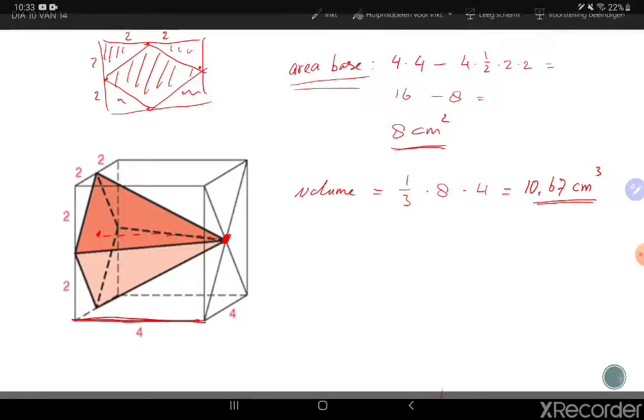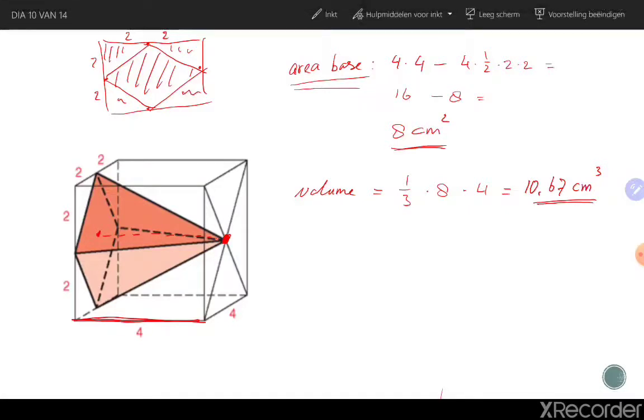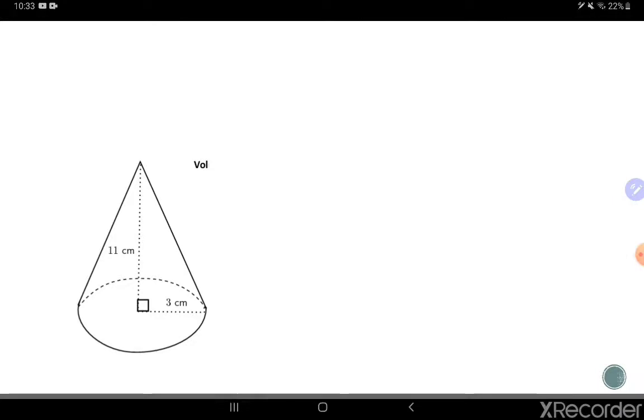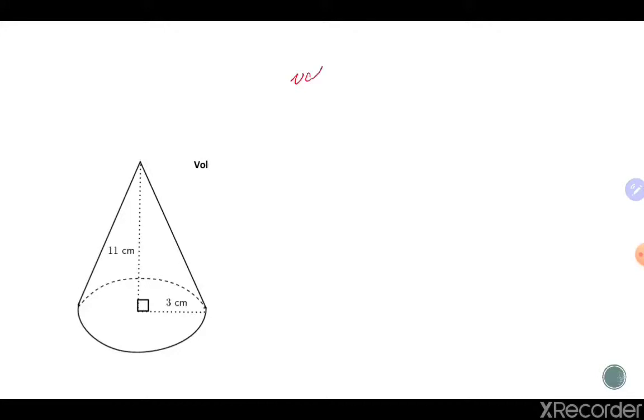Alright, let me go on with how to do it with a cone. There you go. So we'll find a cone here, and to calculate the volume, it looked like one of the examples. So the volume of my cone, it was 1/3 times the area of my base, so pi times 3 squared, because the radius is 3 centimeters, multiplied with the height, multiplied by 11, and that's the answer.